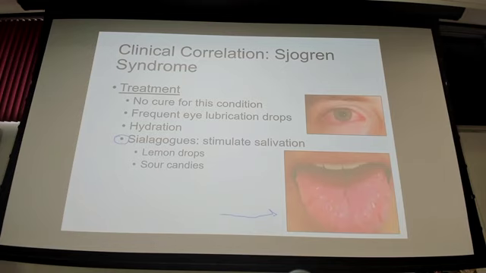So sour candies, things like that really stimulate. Maybe the citric acid component, I'm not really sure, but it just stimulates. Like when you put a Sour Patch Kid or a Warhead in your mouth, your mouth waters really badly. That's what we use to help these patients keep their mouth chronically more moist. And of course, they need to do their part, drinking tons and tons of water. Okay.